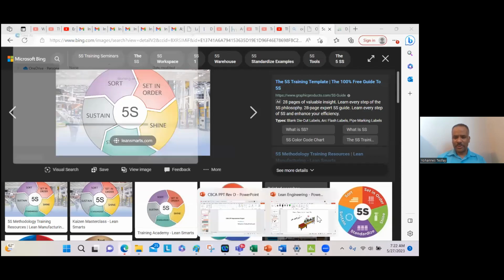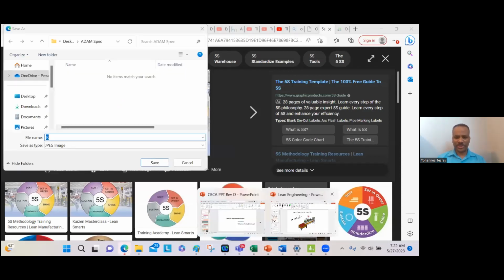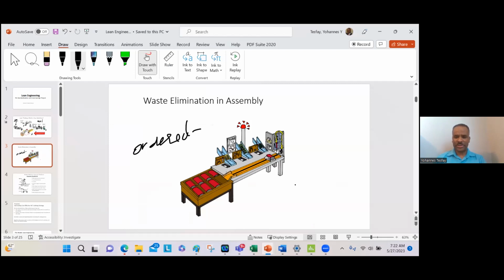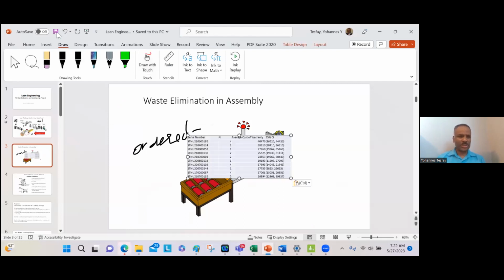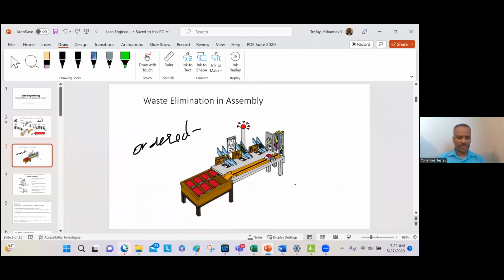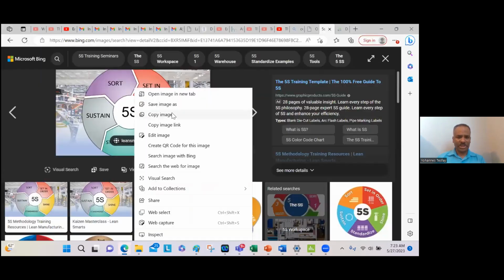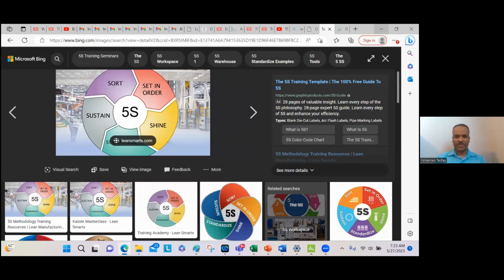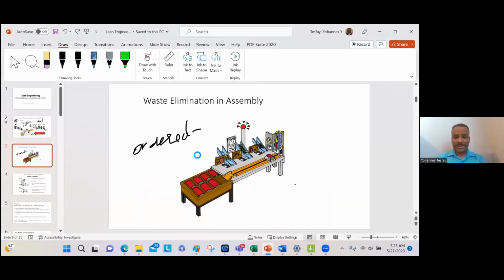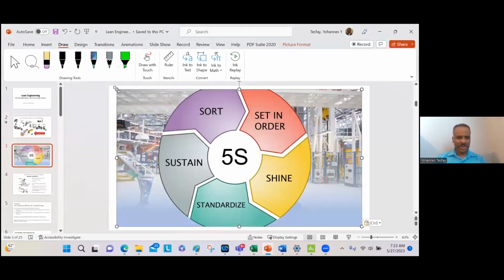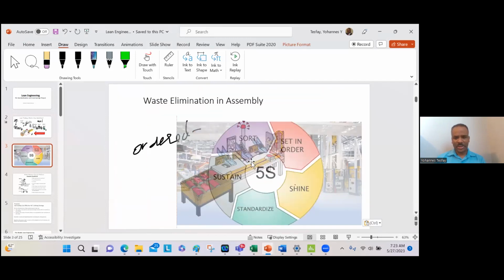That's important for all manufacturing engineers. This is a really important term for you. It's the method with which you start lean thinking. Okay, lean thinking.